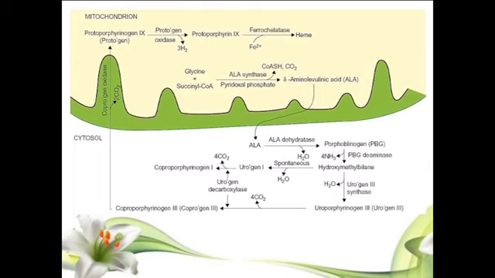Intermediates are used in different species to form particular substances, but in humans, the main end product, protoporphyrin 9, combines with iron to form heme. Porphyrin biosynthesis is regulated in higher eukaryotes by heme, which serves as a feedback inhibitor of early steps in the synthetic pathway.